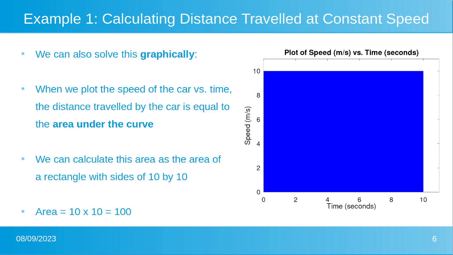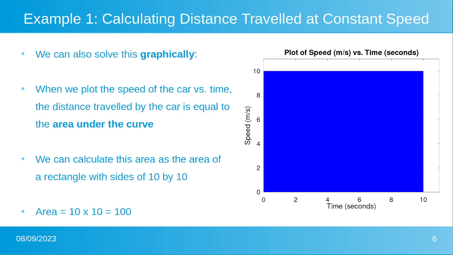Now, if we wanted to calculate the area of that shape, we'd multiply the height by the width. In this case, the height corresponds to the speed, 10 meters per second, and the width corresponds to the time of 10 seconds.